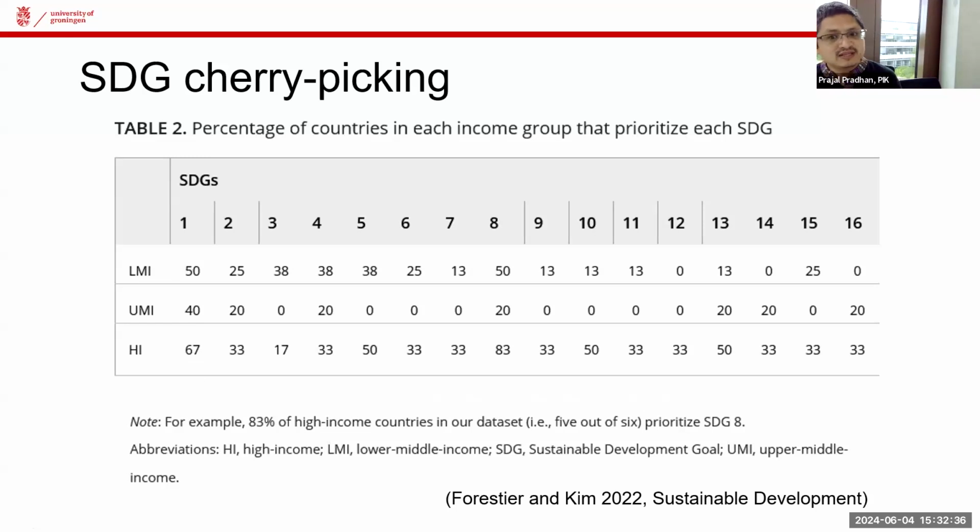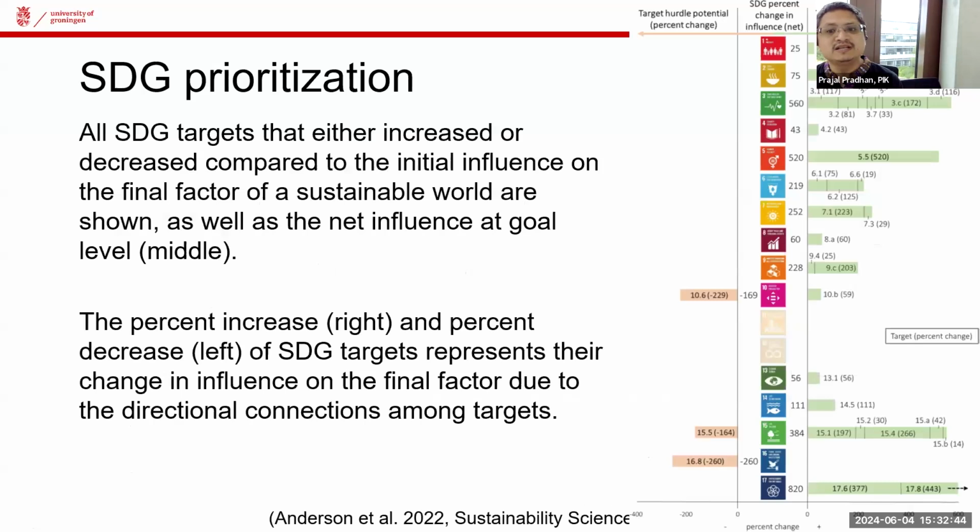Yeah? So this is cherry picking from my point of view. Yeah, and if you look at systemic prioritization, then things may look completely different. For example, here, what we did here is that we look at, let's say, SDG direct and indirect relation, yeah.